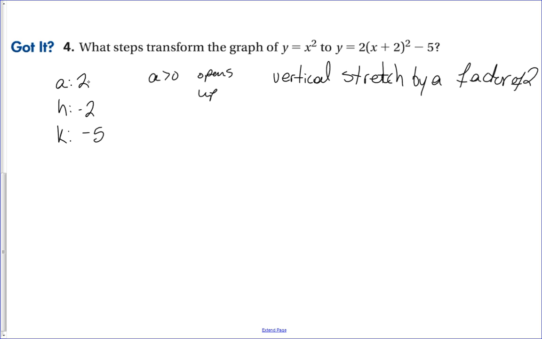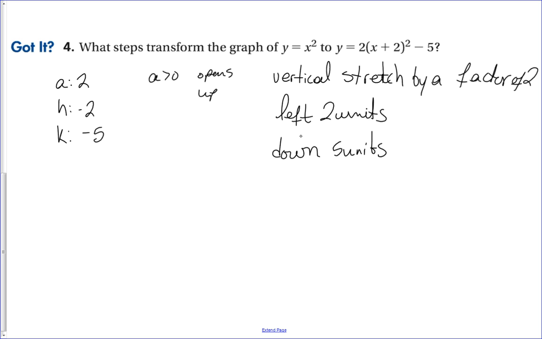We know that the a there, since it's greater than 1, is a vertical stretch by a factor of 2. We also know, because of this +2 here, that it went to the left 2 units, and this -5 here went down 5 units.